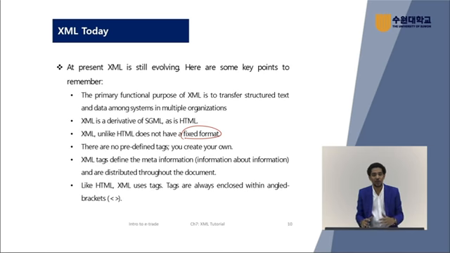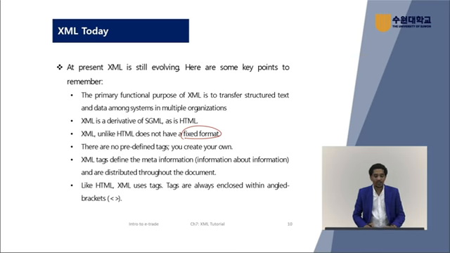But in HTML we have predefined tags. Predefined tags for creating paragraphs, predefined tags for creating headings, predefined tags to define everything, right? We have about 89 tags used in HTML. But in XML, we can define our own tags and we can use our own tags, right? But to use our own tags, we have to define them first, that we will discuss later.